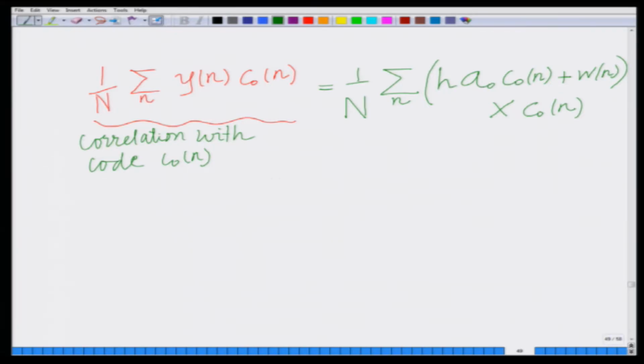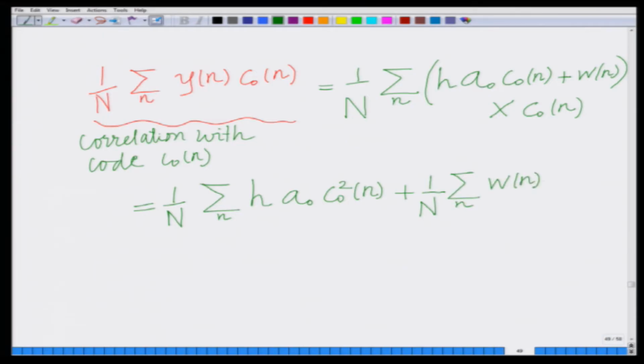And now, when I expand the bracket and simplify, I have 1/N summation over n of h a0 c0 squared[n] plus 1/N summation over n of w[n] c0[n].